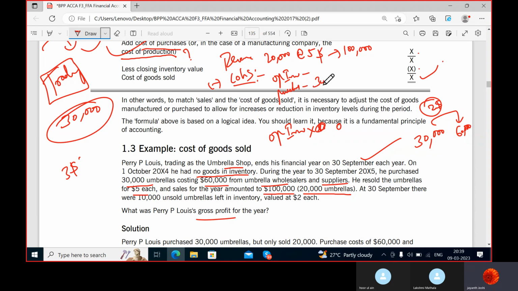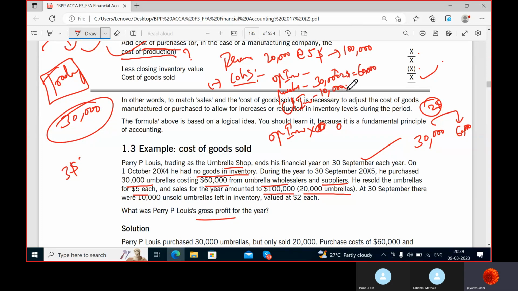They purchased 30,000 umbrellas, and they sold 20,000 umbrellas. So closing inventory is 10,000. Am I right? Closing inventory is 10,000 umbrellas. So they bought it for how much? When I see the purchase cost, it's $2.